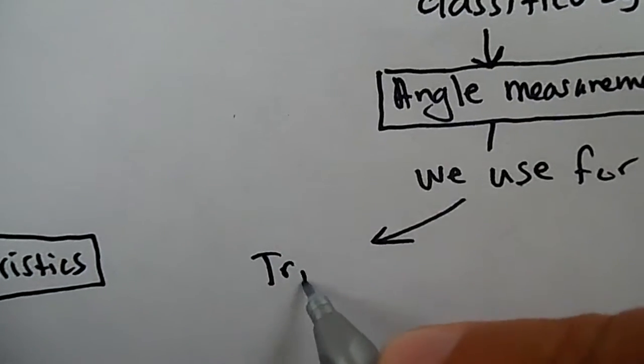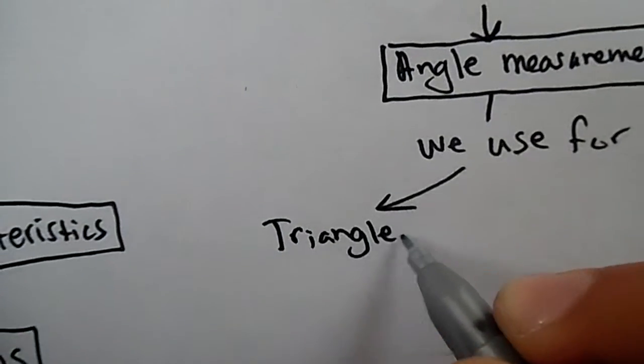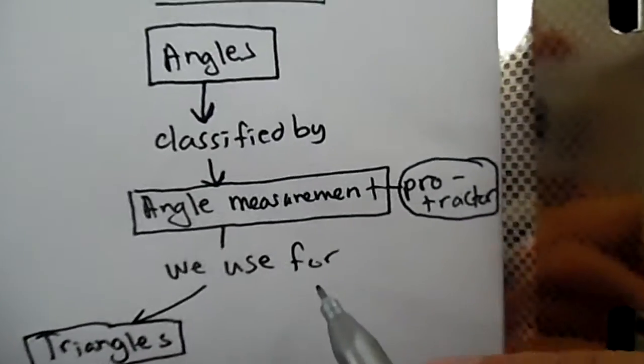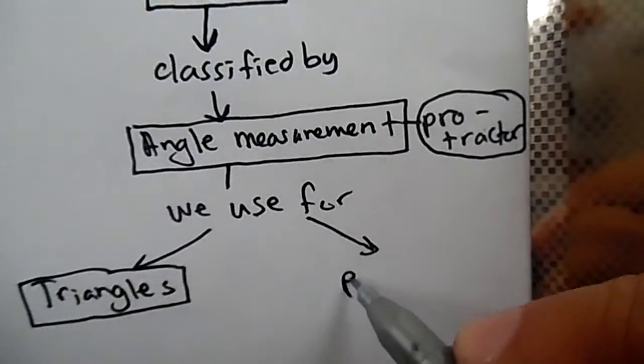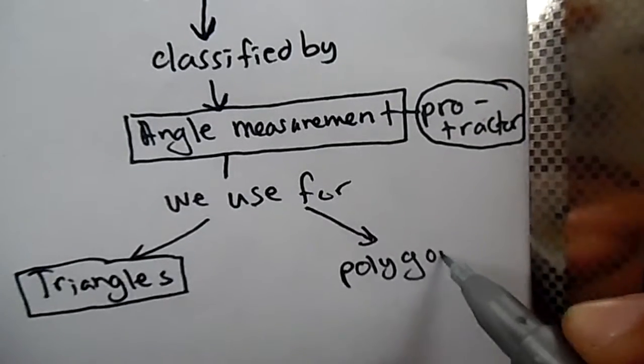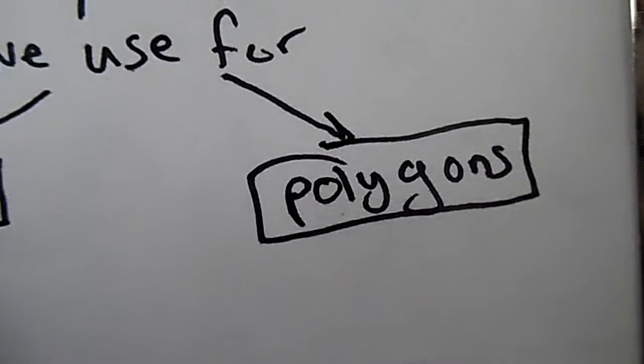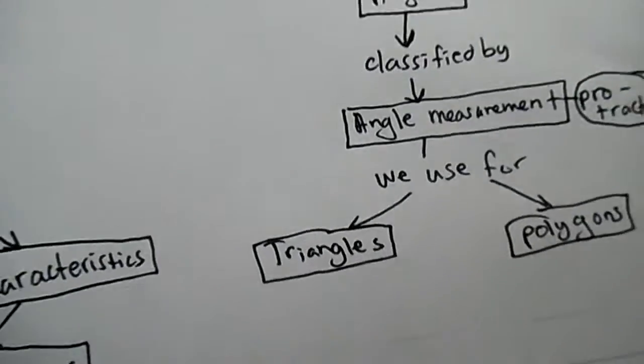Triangles, which have 3 sides, and then polygons. And polygons are any shape with more than 3 sides. Good.